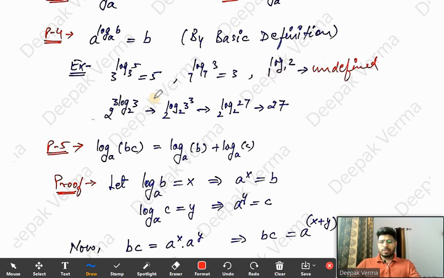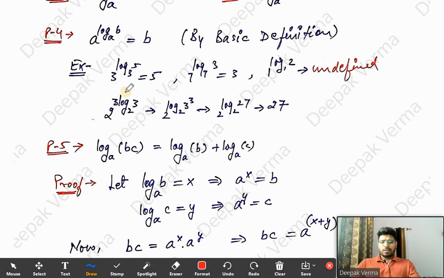So remember this. Now if we have 2 to the power 3 log 3 to the base 2. Again we have 2 here and 2 here, but before applying this property, this 3 will go to the power of 3. 3 to the power 3 is 27.